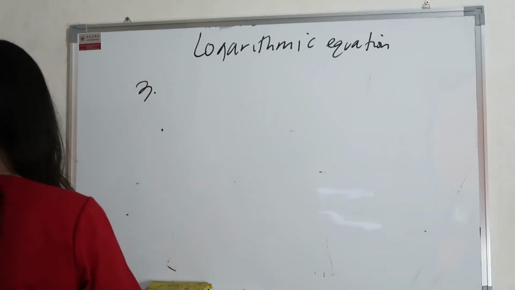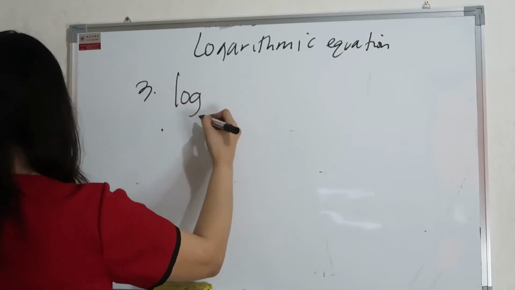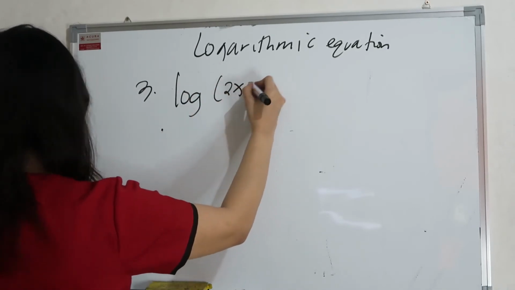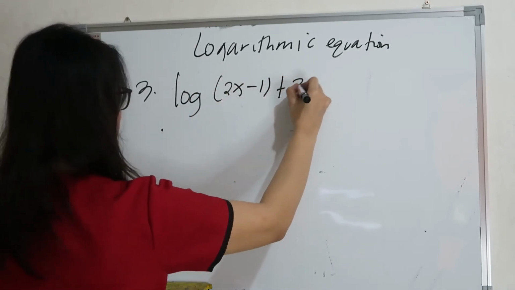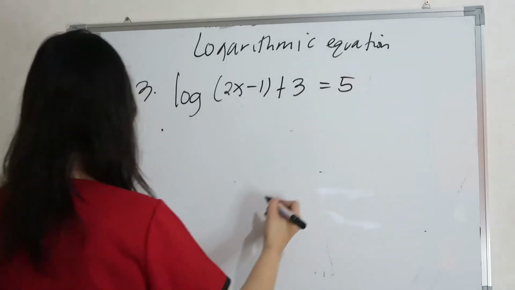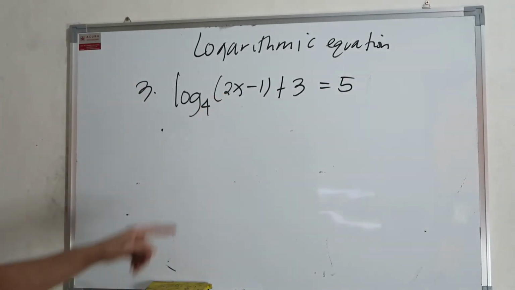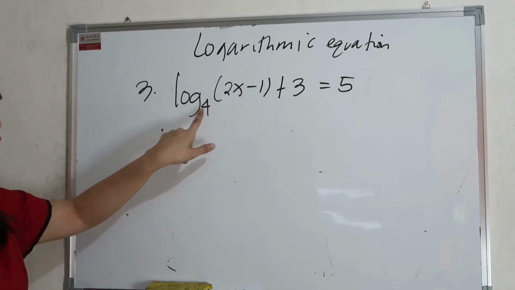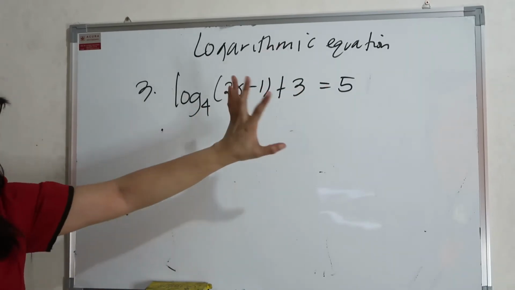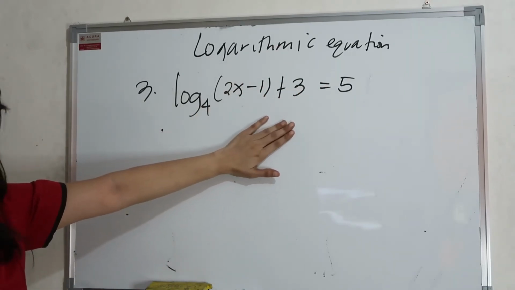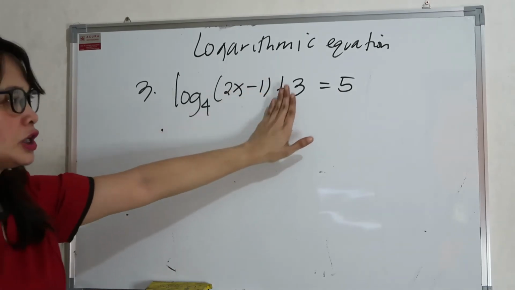Let's say the given is log of 2x minus 1 plus 3 equals 5 with a base 4. Okay? Log of 2x minus 1 with a base 4 plus 3 equals 5. So how do we solve this one? First, transpose 3 to the other side.